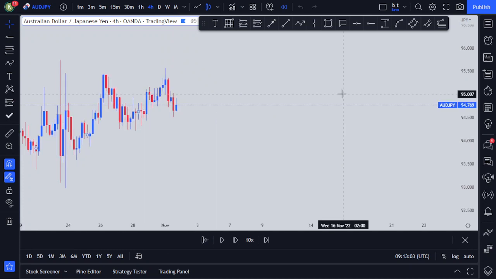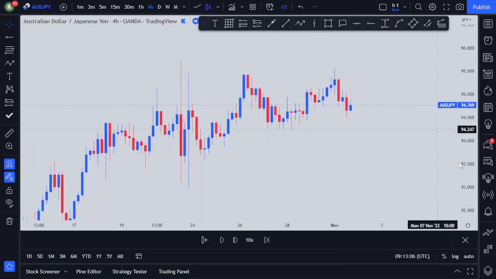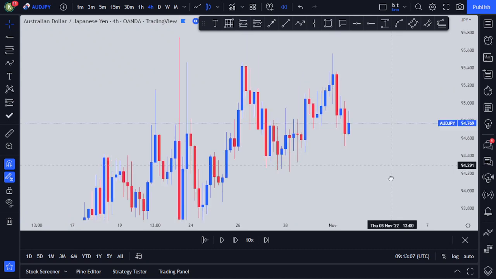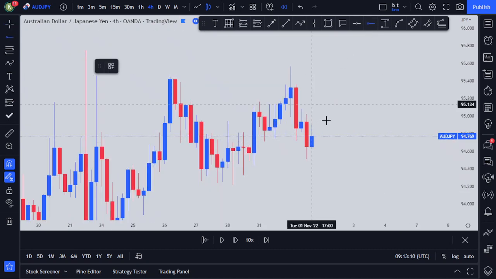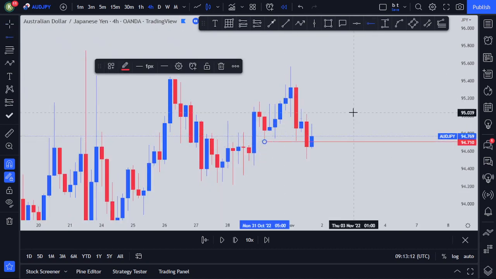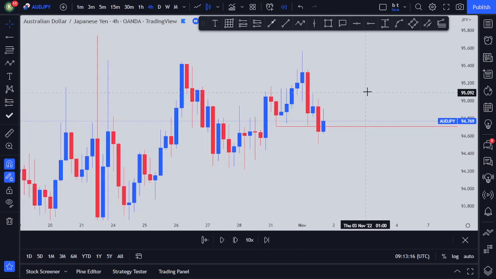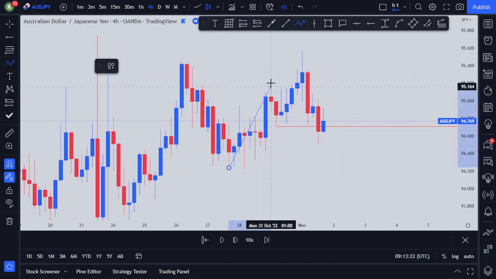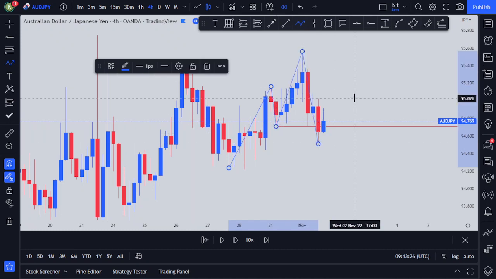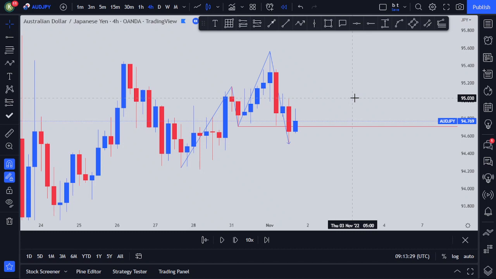Before we can have an engineered liquidity, first we need to have a market shift, a shift to the opposite direction of the current trend. You can see that in this trend we have lower low, higher high, lower low, higher high, then we broke this last lower low.